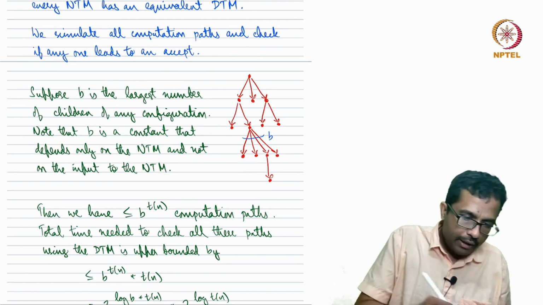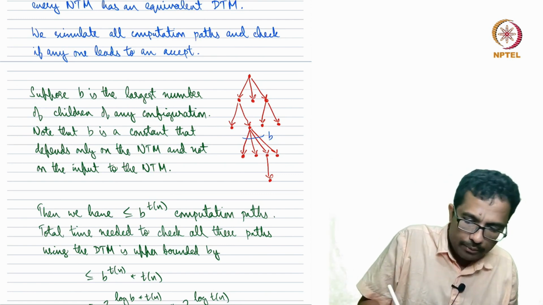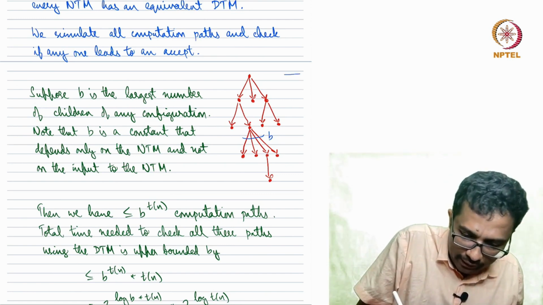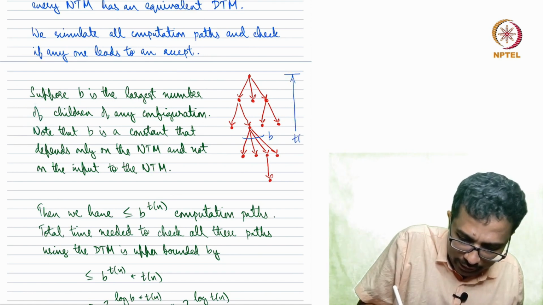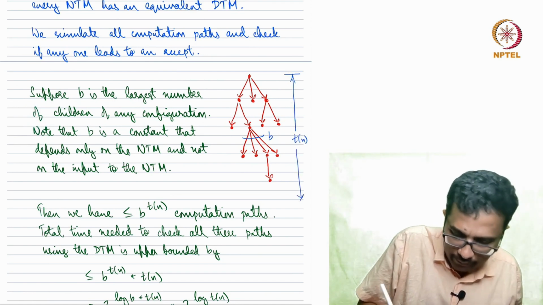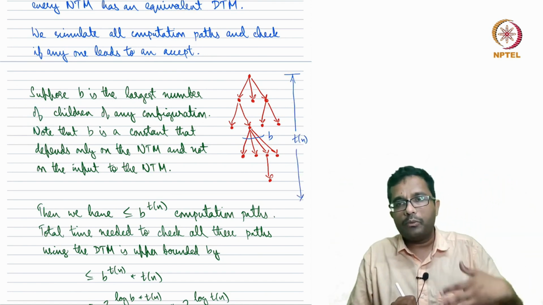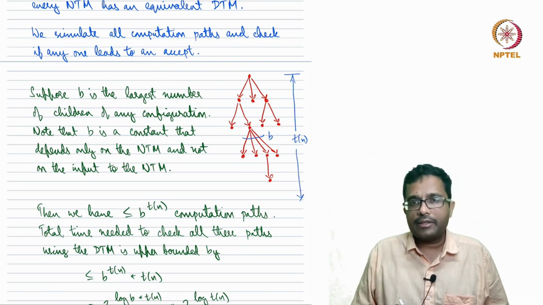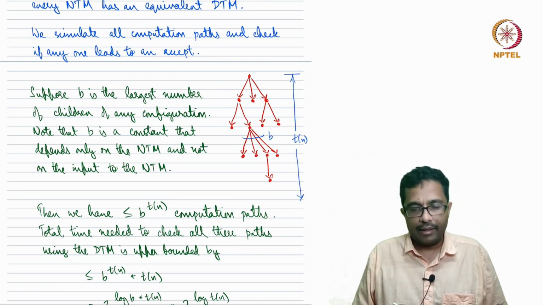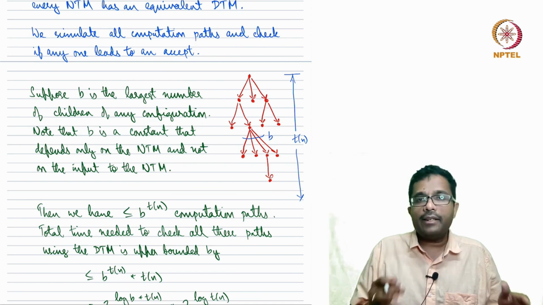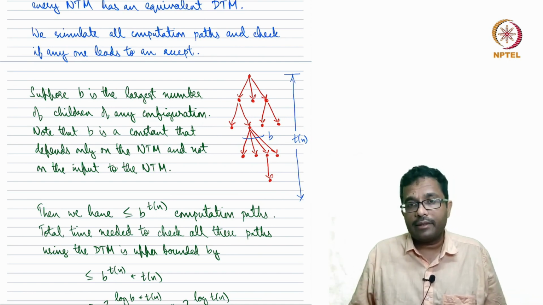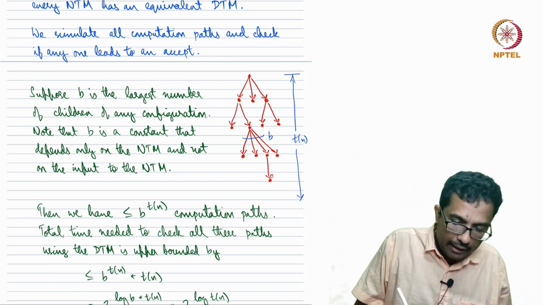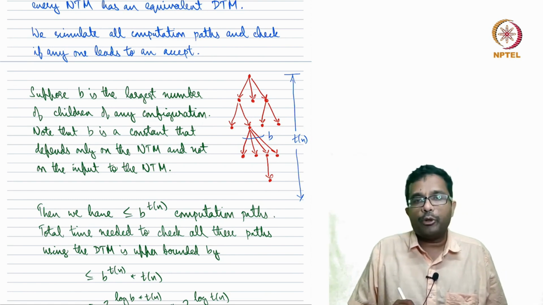Now we know that the non-deterministic Turing machine runs in time t(n), which means this whole computation, from the root to the farthest leaf, has height t(n). Since every configuration can have at most b children, there could be at most b to the power t(n) computation paths.